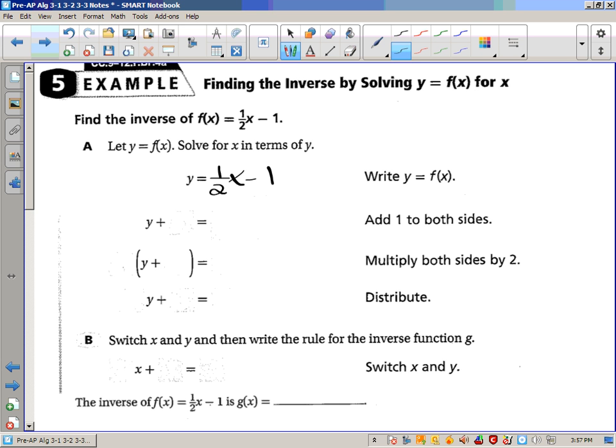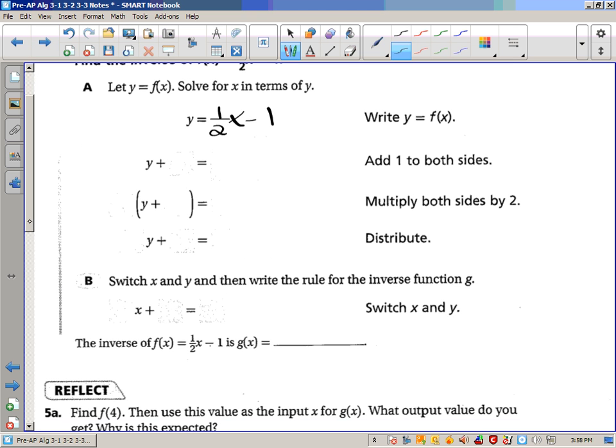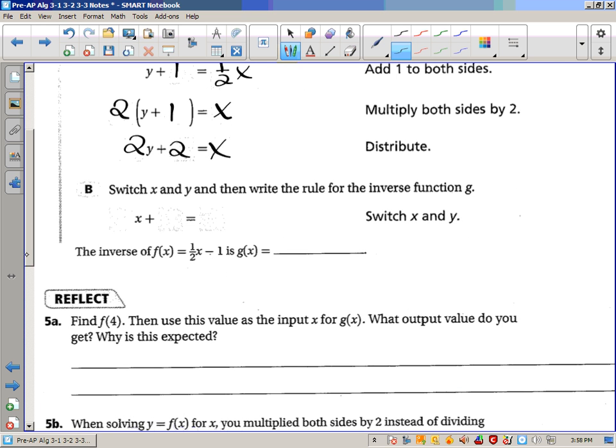Okay, so what I'm going to do is solve for x. I'll add 1 to both sides, multiply by 2, distribute. The reason why we solve for x here is because in the next step we're going to switch the x's and y's.